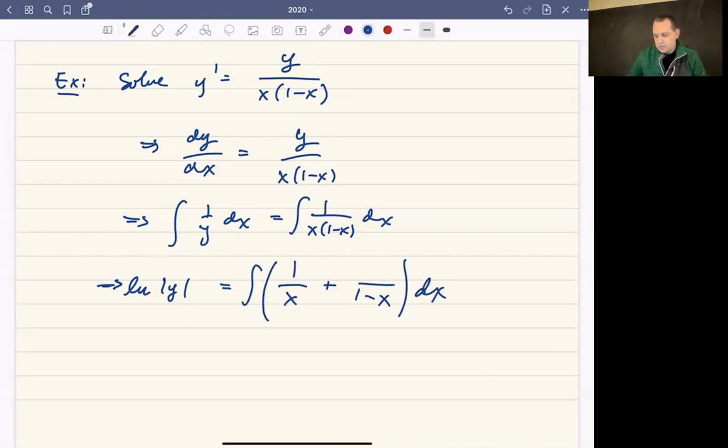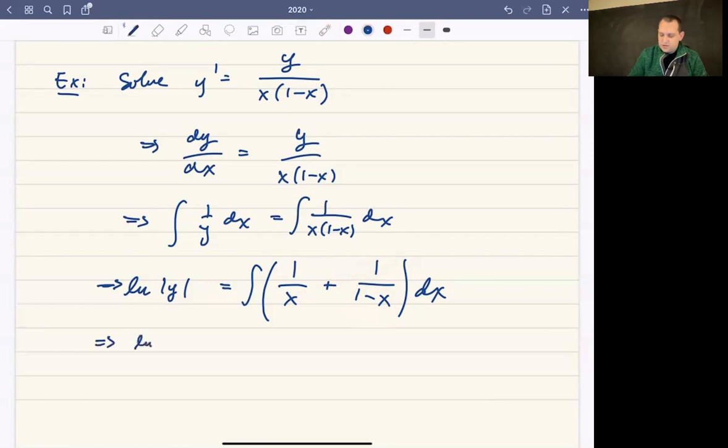I think this should be 1 and 1. Because you're going to end up with 1 times 1 minus x plus x, and that'll just give you 1.